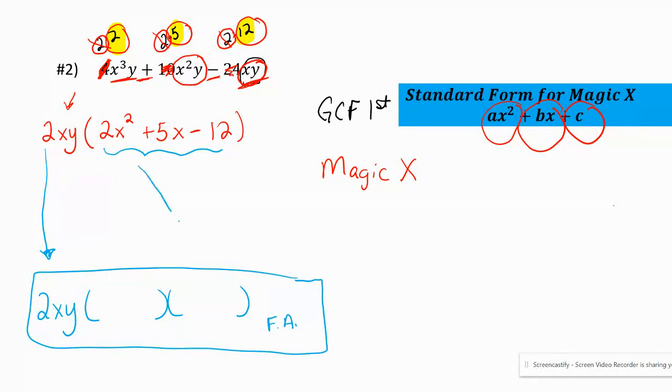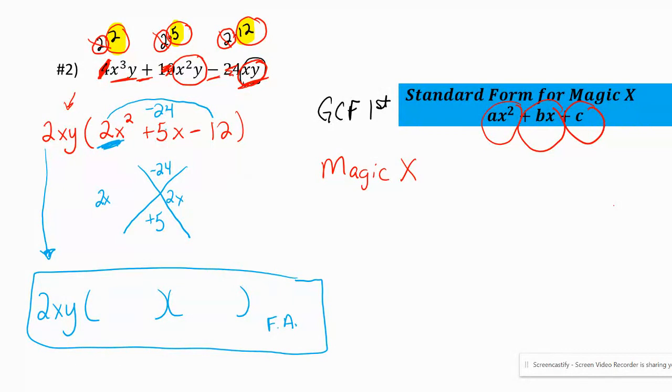So now I'm just going to focus here in the middle and do the magic x. So I'm going to multiply 2 times negative 12 is negative 24 again. So what multiplies to a 24 negative, but this time gives us a 5? Whatever this item is, we write 2x, 2x.